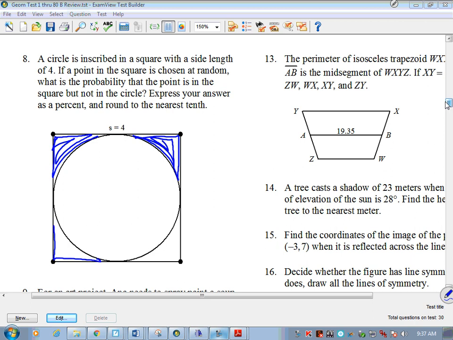Because it's area and not length, I need to find the area of my blue over the area of the total. What is representing the total? Is it the circle or the square? Square represents the total. All right, how do I find the area of a square?